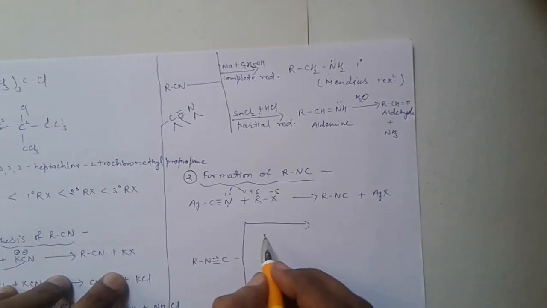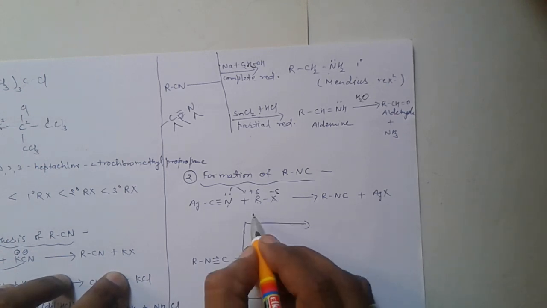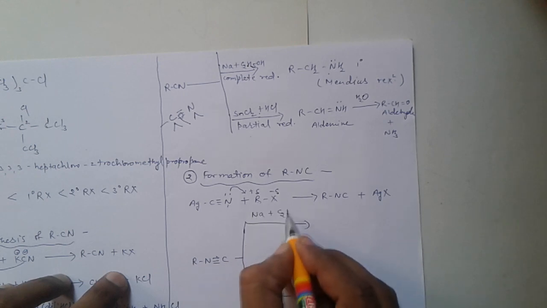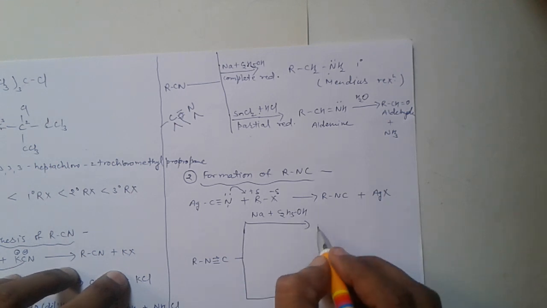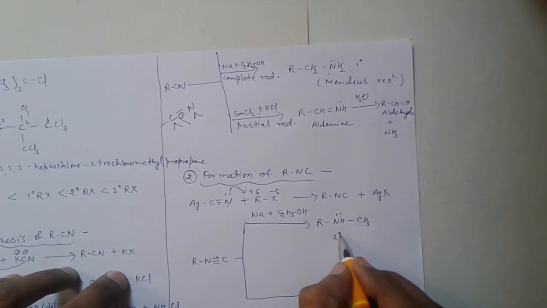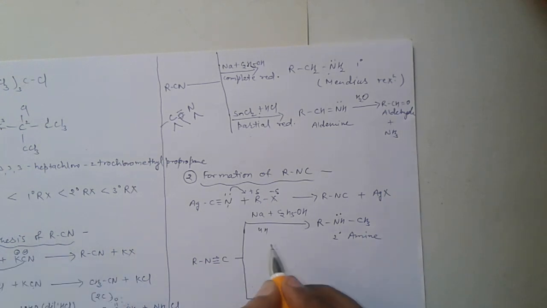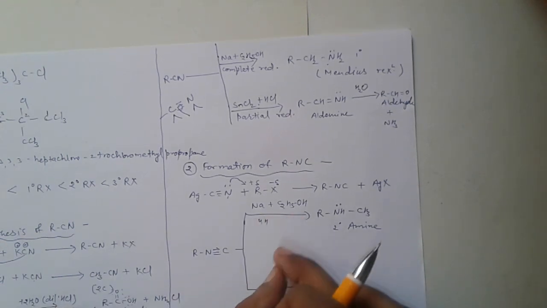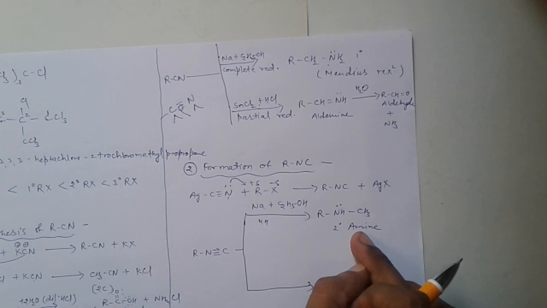When complete reduction of alkyl cyanide in presence of sodium plus ethanol reducing mixture, then 2 degree amine is formed. Here 4 hydrogens are generated by this reducing mixture, so 2 degree amine is formed.